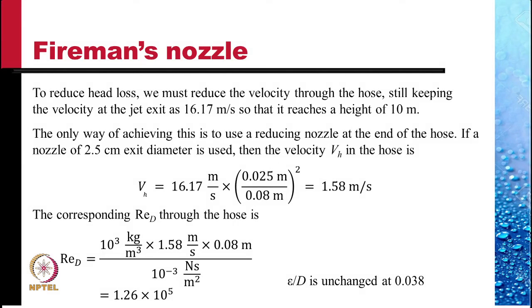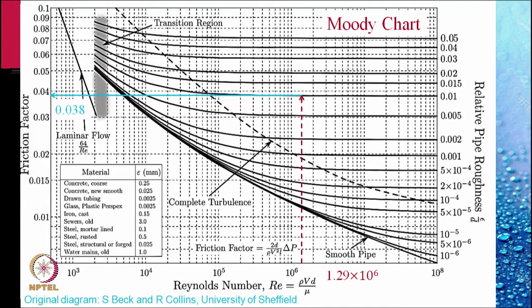Epsilon by D remains unchanged because we have not changed the diameter of the hose. And from the Moody chart, for the new Reynolds number, 1.26 × 10^5, the point is here. And so f is unchanged at 0.038.